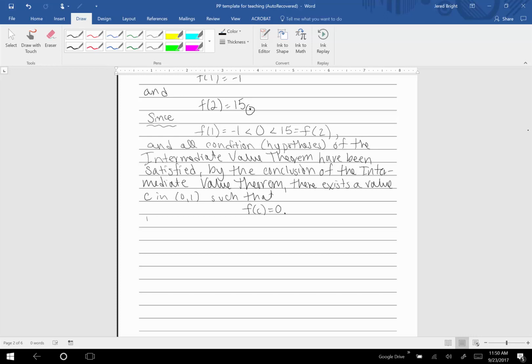Okay, this means there is a root of f in the given interval.